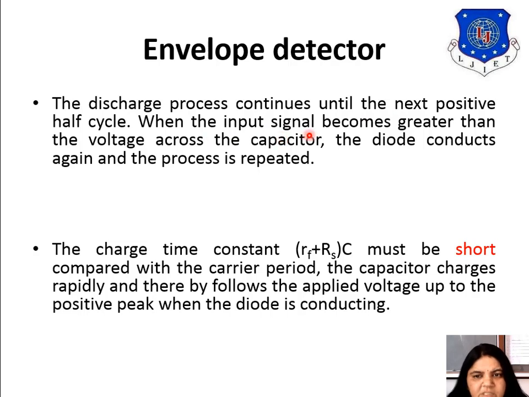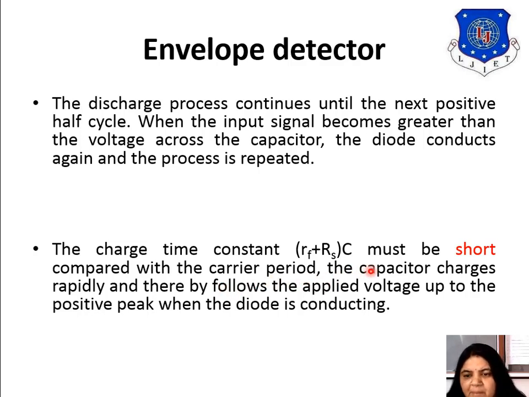So when the input signal becomes greater than the voltage across the capacitor, I said Vin greater than Vc, the diode again conducts. So this procedure repeats, okay, and we can detect the whole envelope. So the charging time constant is (Rf plus Rs) into C. Now as I said, it must be short compared with the carrier period.